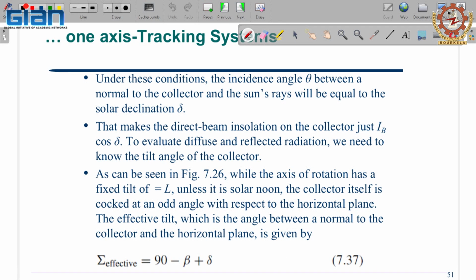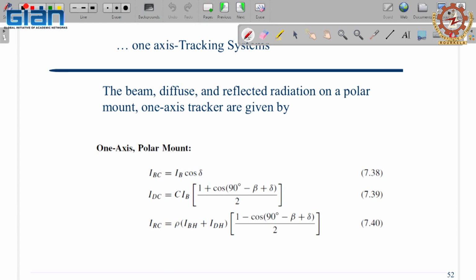I'm not going into very much detail of that, but for one axis polar mount, one of the cases, these will be the relations for calculation of the beam, diffuse and reflected insolation.